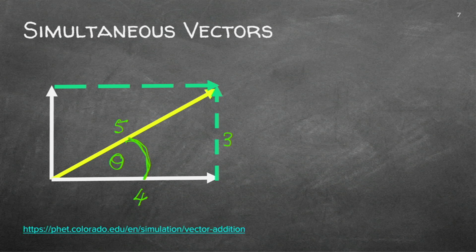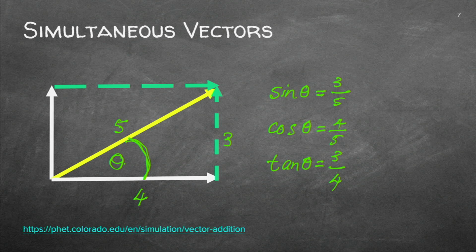I can say sine, cos, or even tan, because I've got all the values. Sine will be the opposite over the hypotenuse. Cos will be the adjacent over the hypotenuse. And tan will be the opposite over the adjacent.